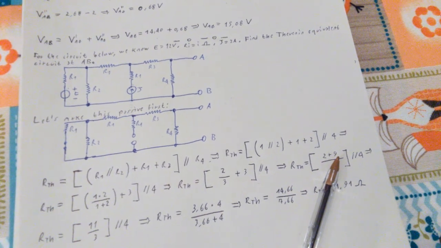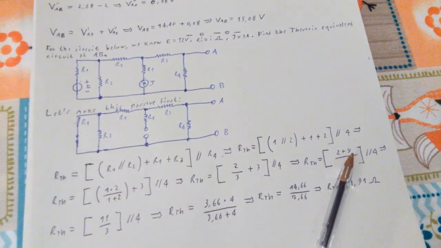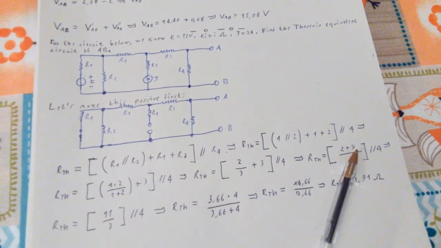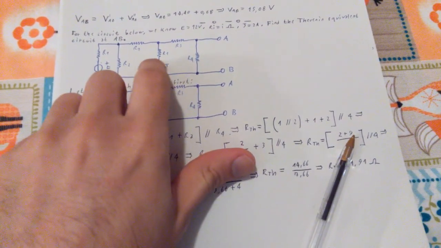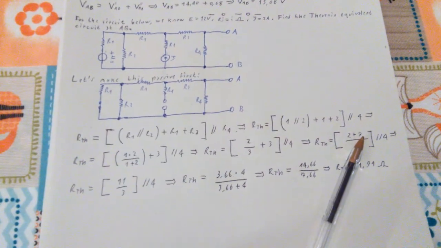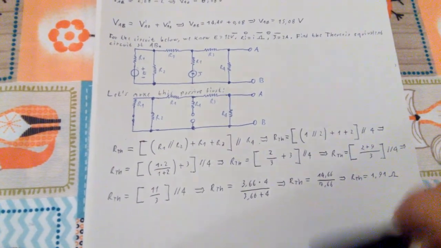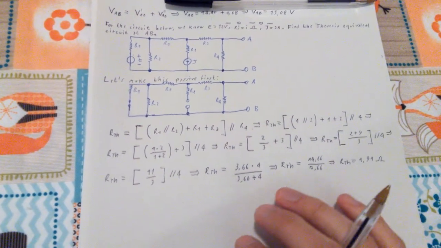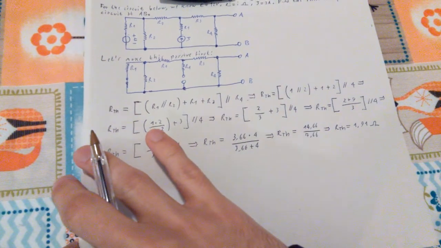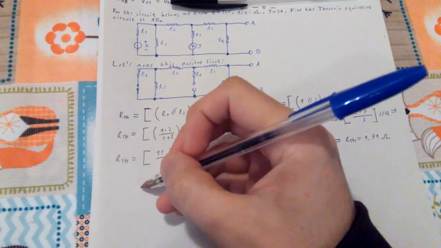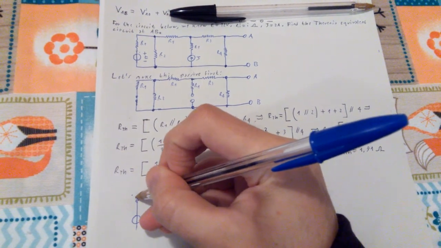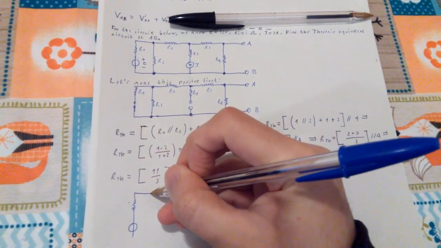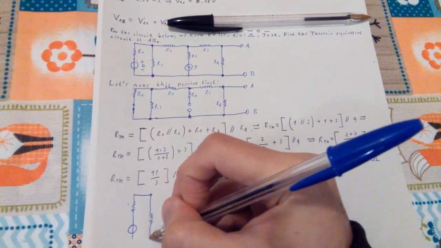So let's just do this. I'm just going to consider as a starting point only the generator E. So this one is going to become an open circuit where there is J. I'm just going to consider E. So if I just consider E, this is still going to be my generator and the resistance, and over here I'm still going to have my resistance R2.